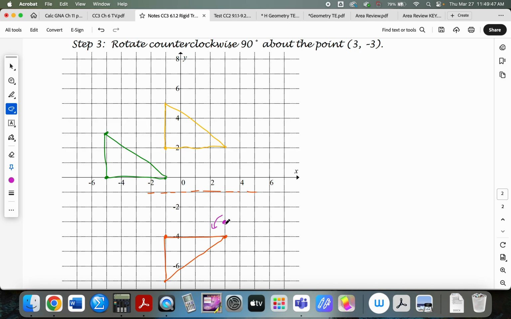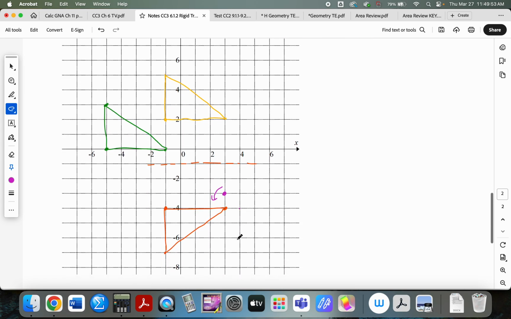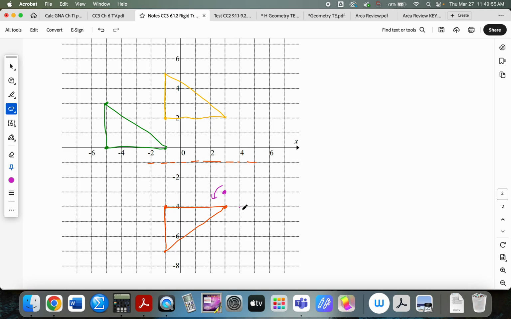Let's see, after that rotates 90 degrees. This is clockwise. So does it look like, I'm trying to visualize it without being able to spin my paper. Does it look like this? Oh, sorry, wrong place.